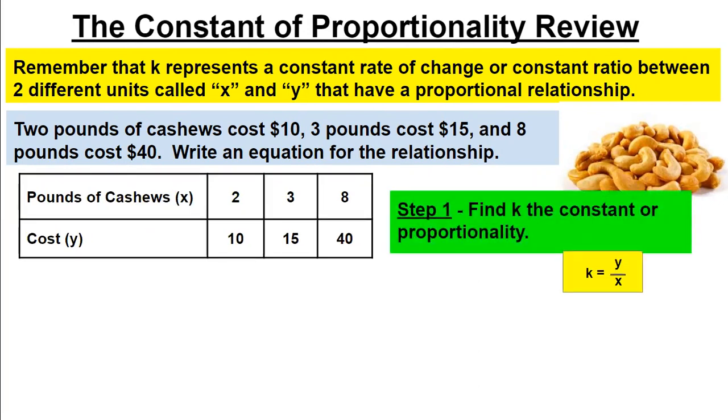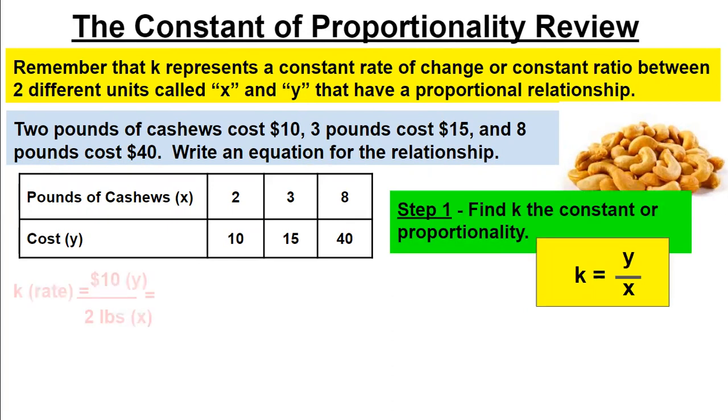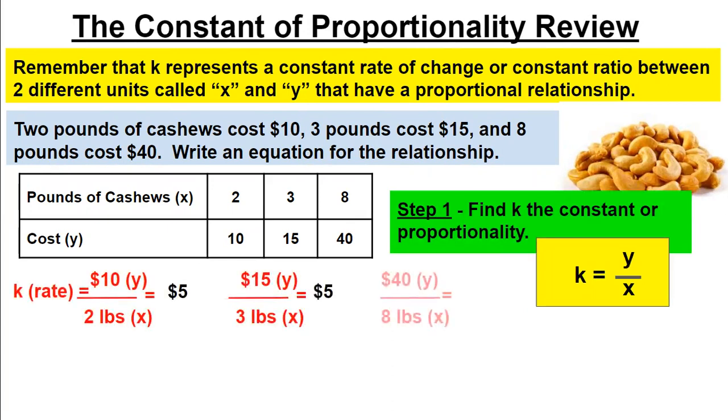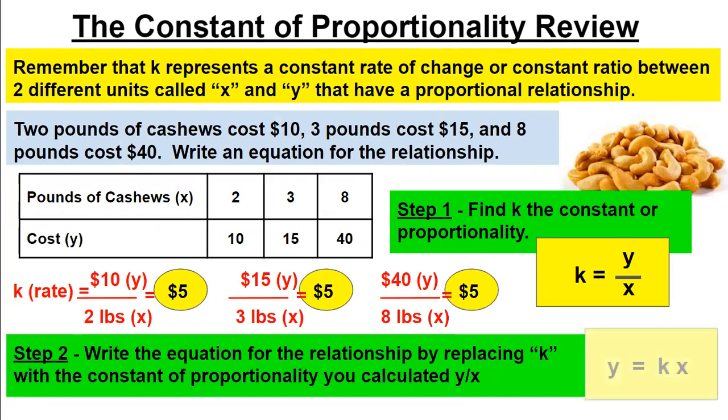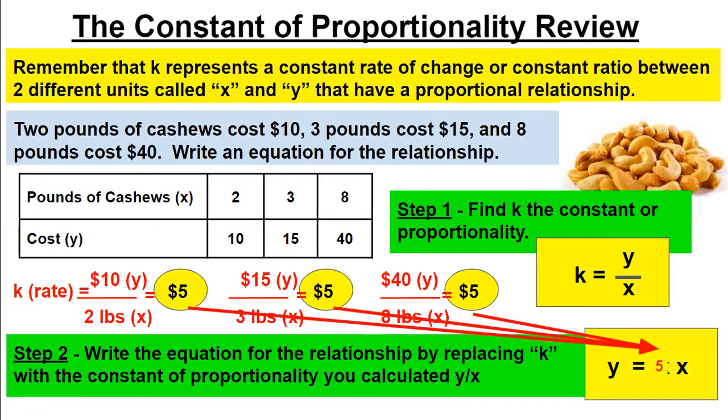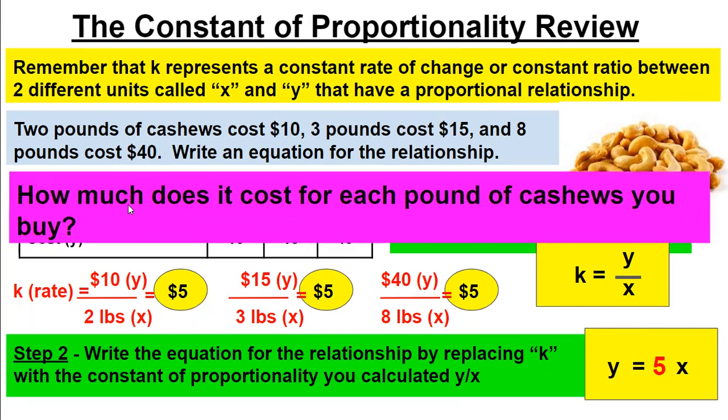We found K using the formula. We set it all up every time. We found the constant of proportionality to be 5. So then we wrote an equation. We had Y equals KX, and we put 5 in for K. Y equals 5X. That's just a review from 4.2. How much does it cost for each pound of cashews you buy? It costs $5.